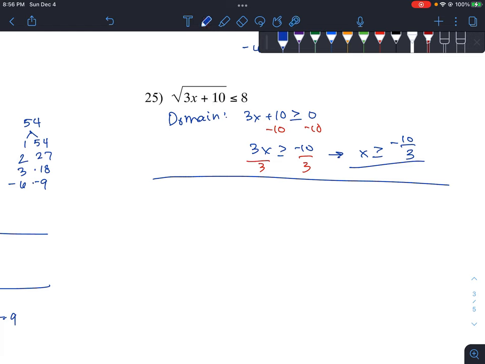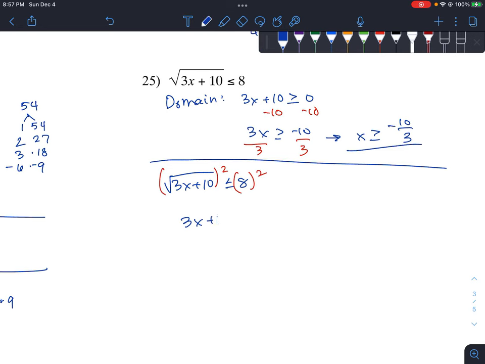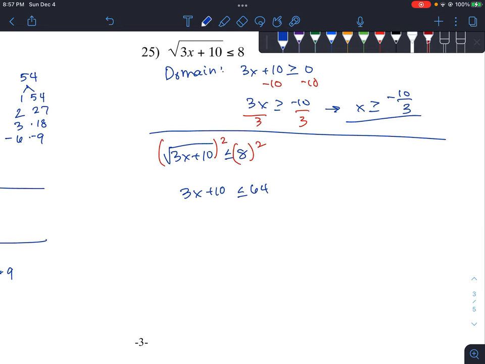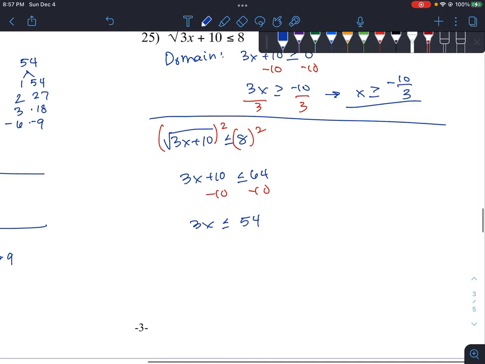So let's take this right here, 3x plus 10 is less than or equal to 8, and let's go ahead and square that side, and square that side right there. So 3x plus 10 is less than or equal to 64, and then we'll subtract 10, subtract 10, and then I get 3x is less than or equal to 54, and then I'll divide by 3, divide by 3, and that's going to be equal to 18.